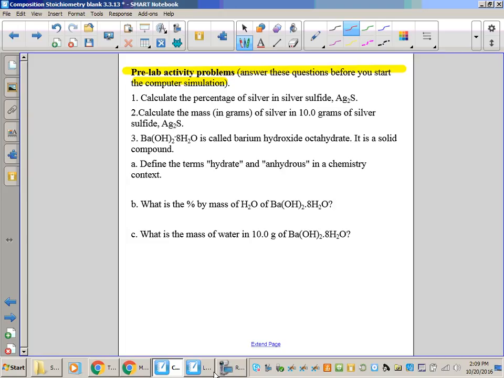What did you get here? 63.9. And molar mass is just the thing with the periodic table, right? Copper is 63.546. And how many is there of that? There's just one. Okay.